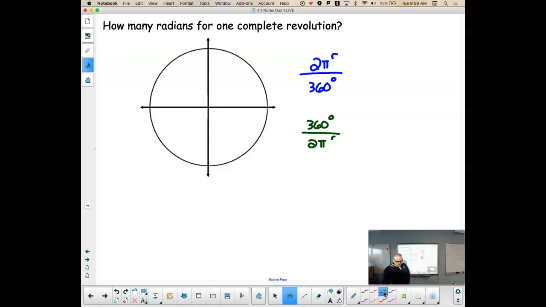This is going back to when you were in geometry. Trig is a lot of geometry. It's an extension of it. Notice anything about that fraction? Or, let me rephrase that. Can we do anything with that fraction?